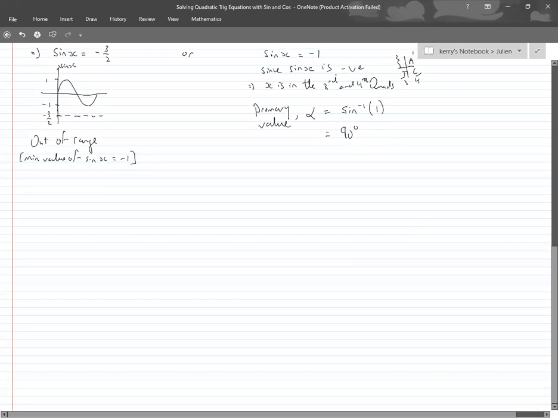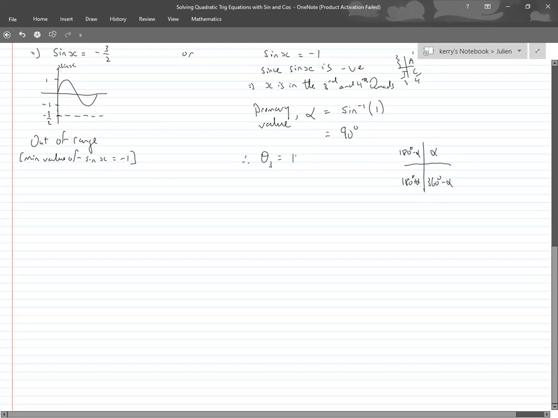Now, this is the third quadrant, so I like to call it theta 3, your third quadrant angle. We know the formula to work out the quadrants. The first quadrant is alpha. Second is 180 minus alpha. Third is 180 plus alpha. And the fourth is 360 minus alpha. We're looking for the third and fourth quadrants.